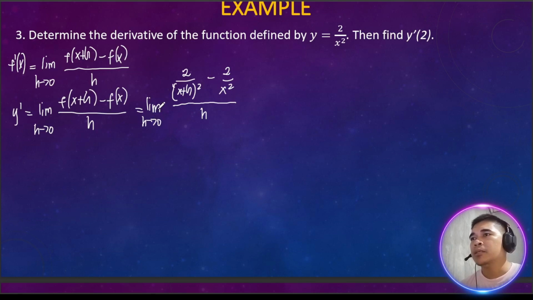Okay. Next, limit. Get the LCD in the numerator of this part, which is x squared times the square of x plus h.